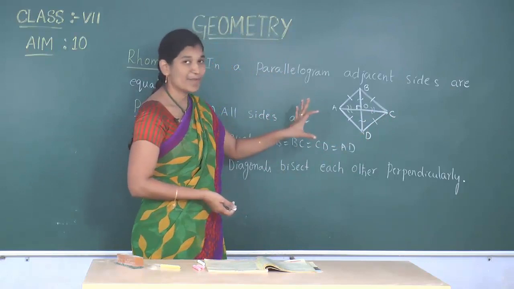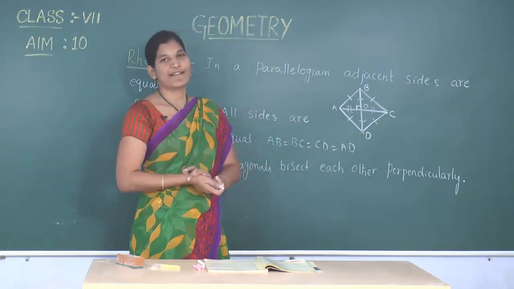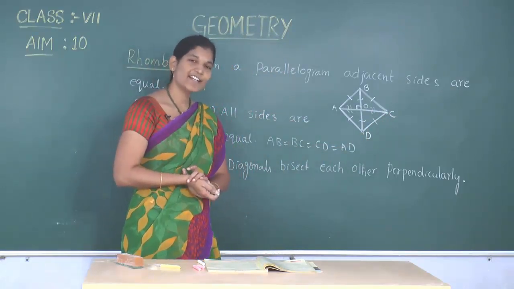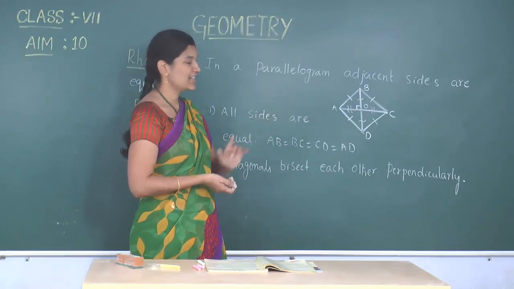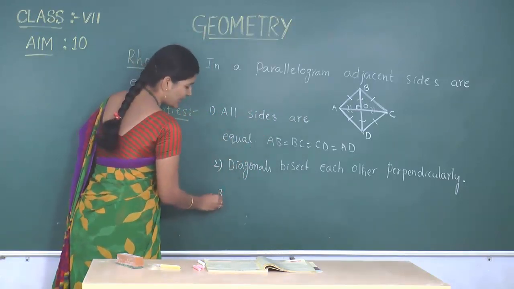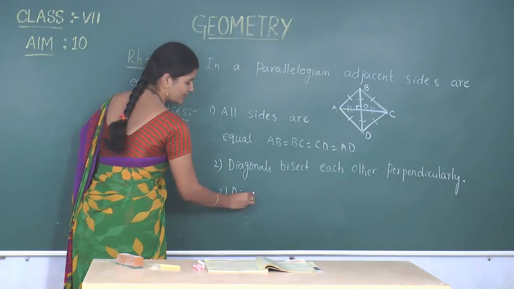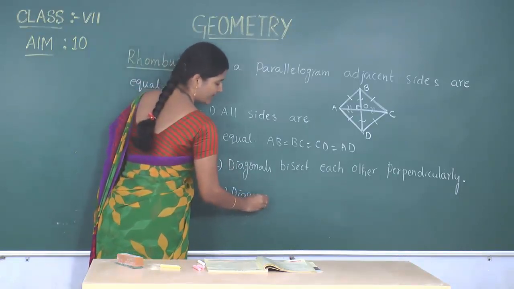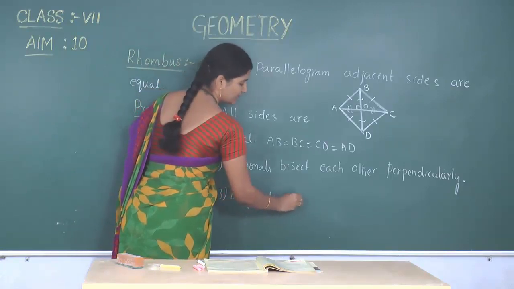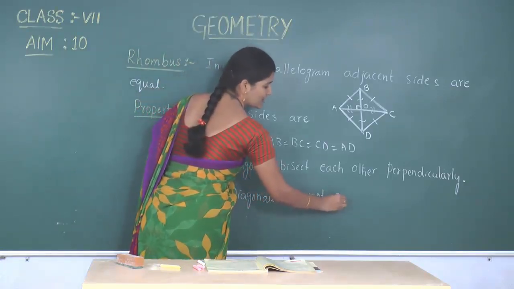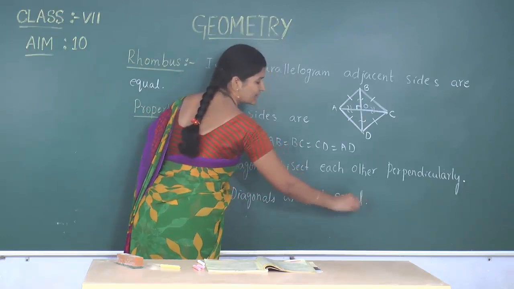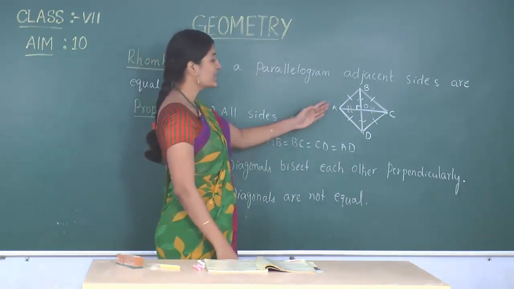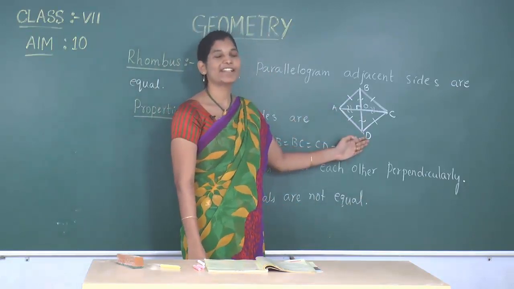And in rhombus, diagonals are not equal. Whereas in rectangle, diagonals are equal, but here in rhombus, diagonals are not equal. Means the length of the diagonals are not equal. Sum of the adjacent angles here also is 180 degrees.